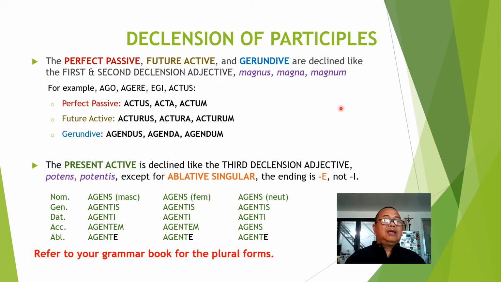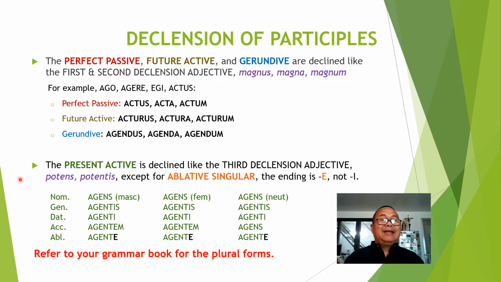So we go to the present active. In the example given earlier, we use the participle orantem, which we have said is masculine singular accusative case, agreeing with Jesum. So how do we decline the present active participle?